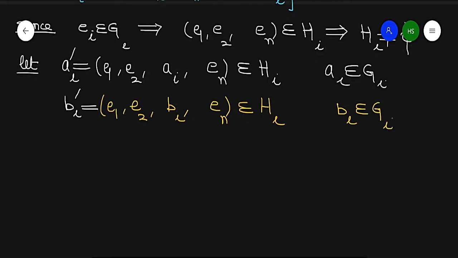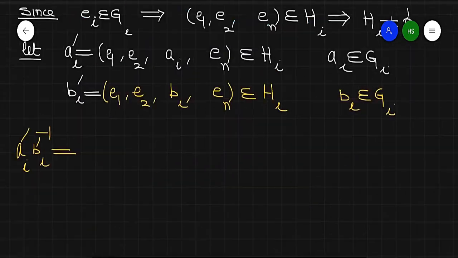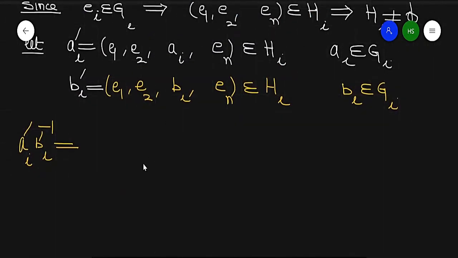Now to prove the subgroup, I will prove that Ai' times Bi' inverse belongs to Hi. It belongs to Hi, so here I write it as Hi.